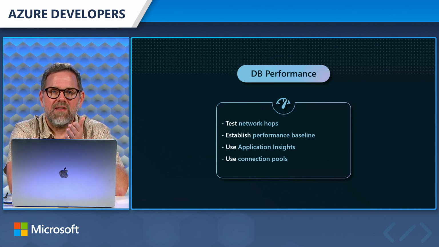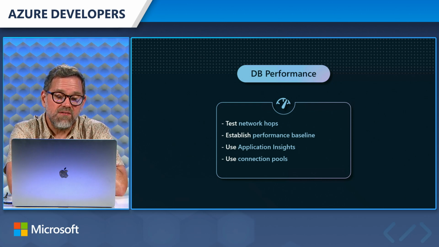And so then when we move it to the cloud, we can compare how fast it is between our web app and the database in Azure versus on-prem. And we can do that using Application Insights and see how things react. And then another great tip is to use connection pools always whenever we can to make things faster as well. So those are just some real quick database performance tips to make sure that your database is reacting as fast as it can.